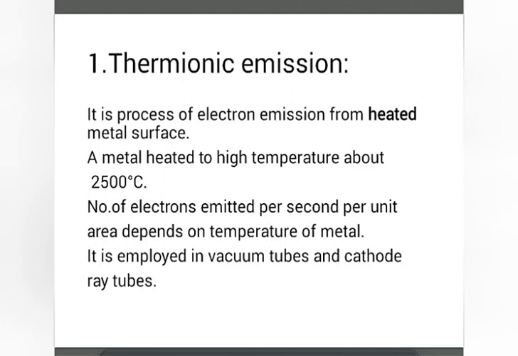The number of electrons emitted per second per unit area depends on the temperature of the metal. It means that the higher the temperature, the more electrons are emitted. Such emission is employed in electronic vacuum tubes and cathode ray tubes.